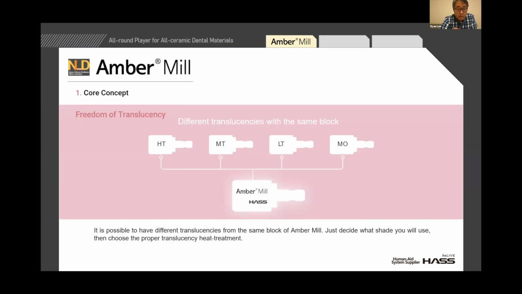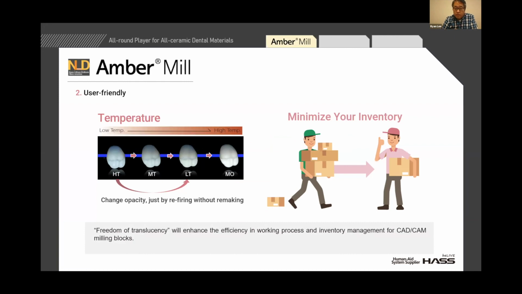AmberMill's main concept is the freedom of translucency. The user can select their desired translucency based on the firing temperature. After we finish milling, when we crystallize in the oven, the translucency can be changed based on the firing temperature. It is pretty helpful to the user.